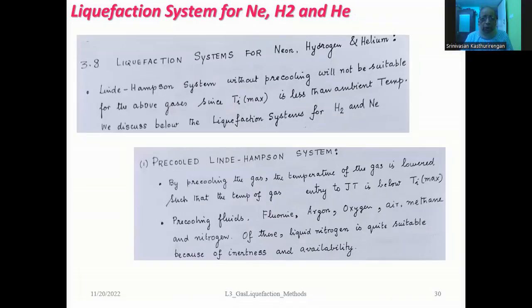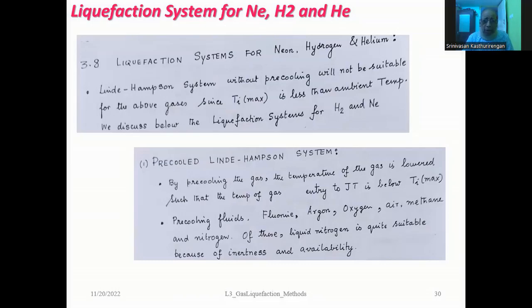Now what we are going to do is consider the liquefaction system for neon, hydrogen, and helium. Okay. What is so special about neon, hydrogen, and helium? We know very well, for these gases, Joule-Thomson expansion will produce heating.